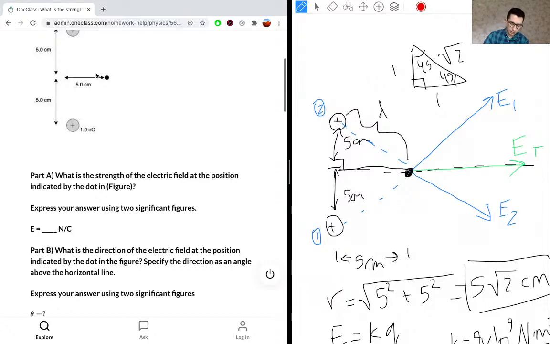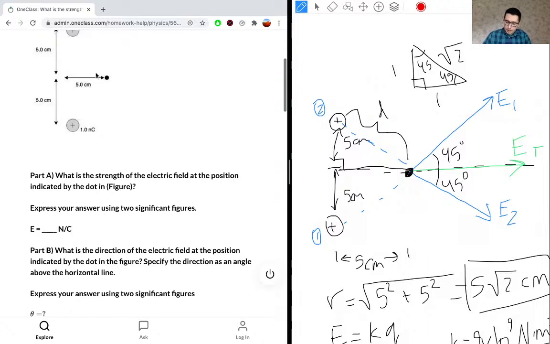Seeing that this side and this side are the same, the angle over here is 45 degrees. That means the angle over here is 45 degrees and the angle over here is 45 degrees. Just basically using the special triangles. We can use sine, cos, but it's just a shortcut.